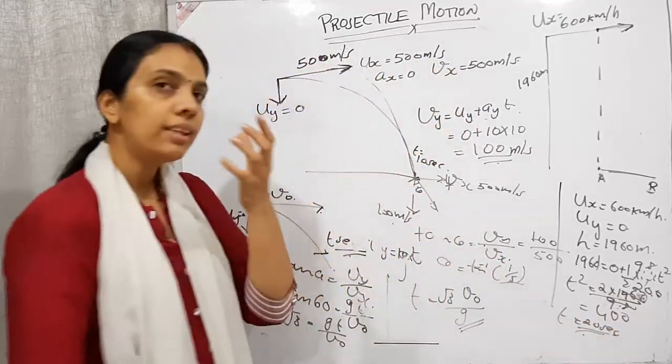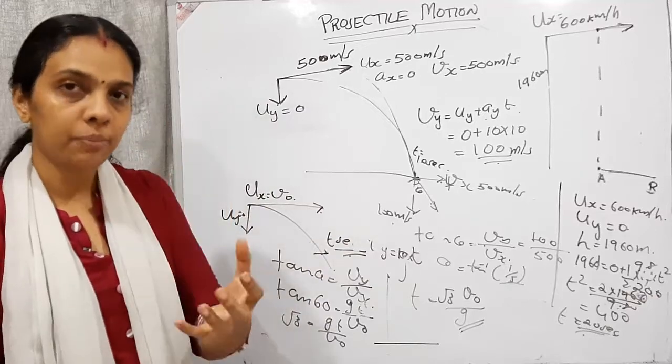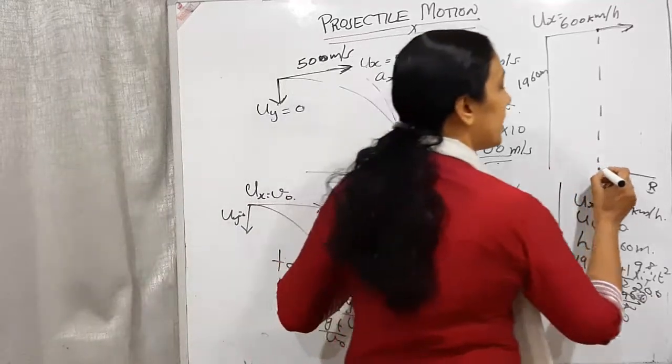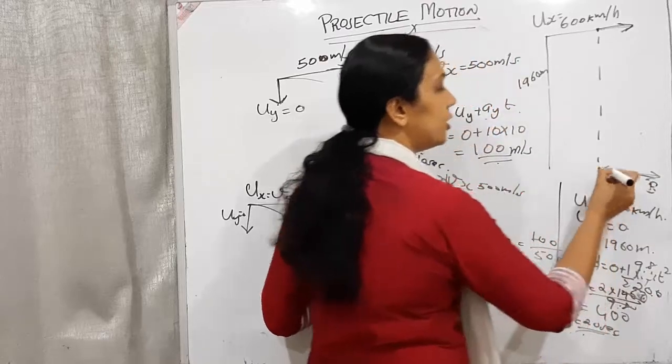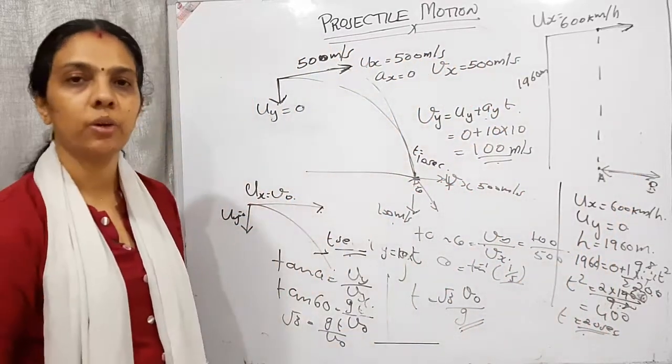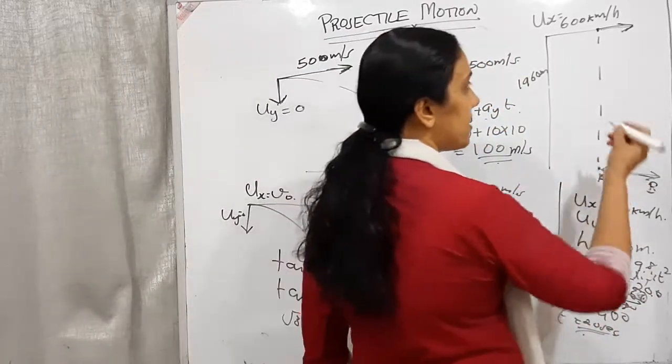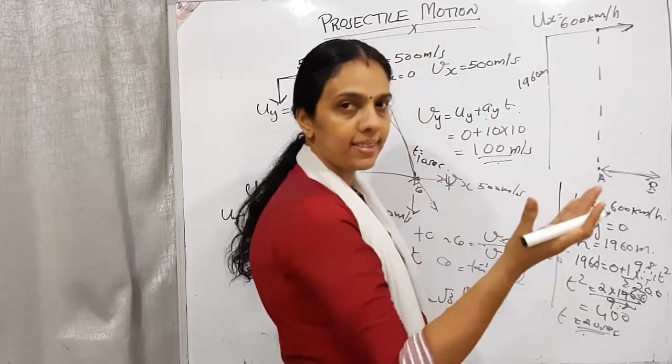So in this 20 seconds of time, what will be the horizontal distance? That horizontal distance in 20 seconds of time we need to find out. How can we find the horizontal distance? It's not having any acceleration.